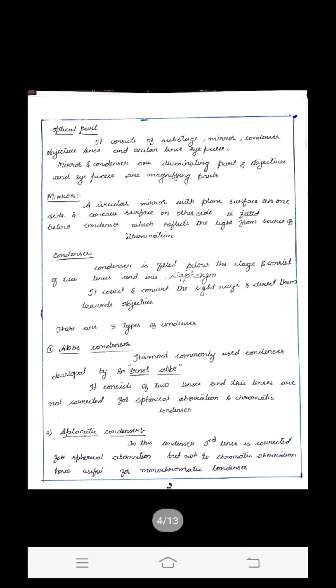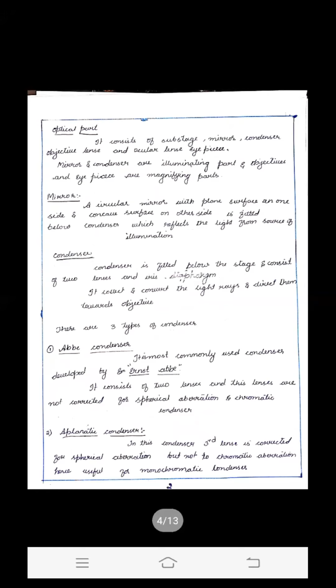The mirror and the condenser are the illuminating parts, meaning the light-gathering parts, and the objective and eyepiece are the magnifying parts. The mirror is a circular mirror with a plane surface on one side and a concave surface on the other side.